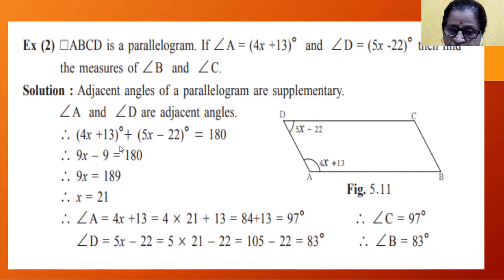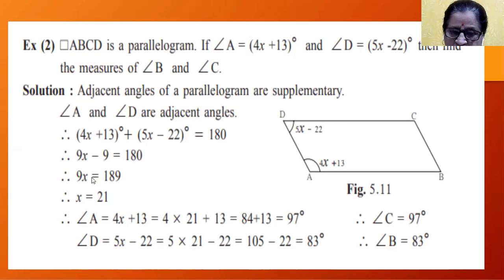So 4x plus 5x is equal to 9x, and 13 minus 22 gives minus 9. Taking minus 9 to the other side, it becomes plus, so 9x is equal to 189, and therefore x is 21.